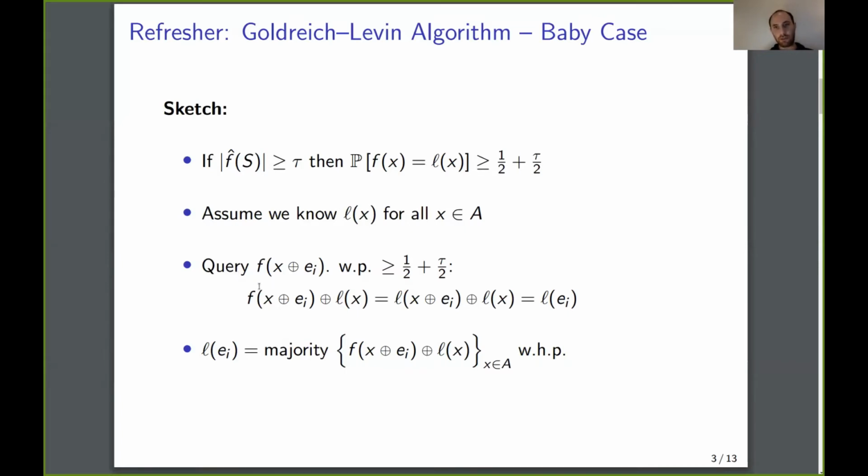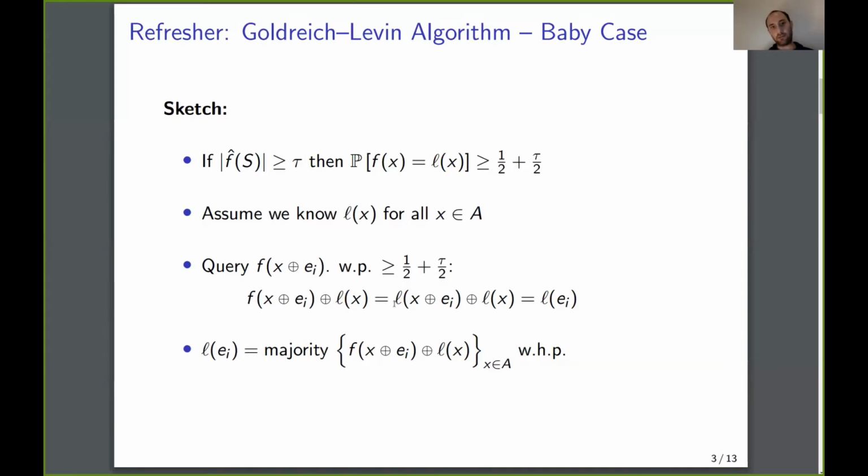It's going to query f on the value of x plus ei. Because f is correlated with L, then for many of the x's, it can do the following computation that we said before, which is f of x plus ei plus L of x.